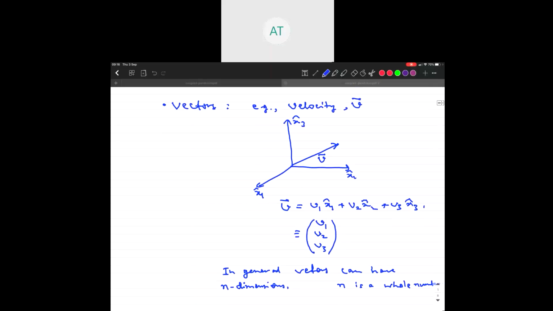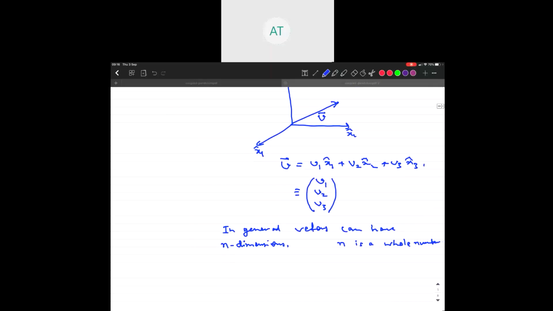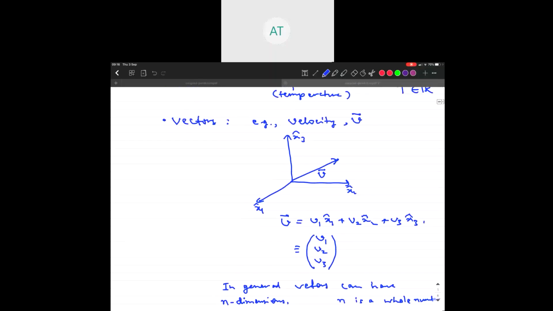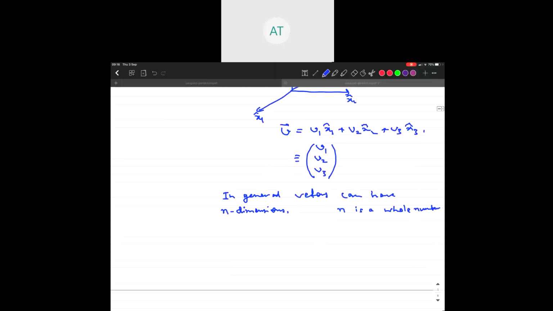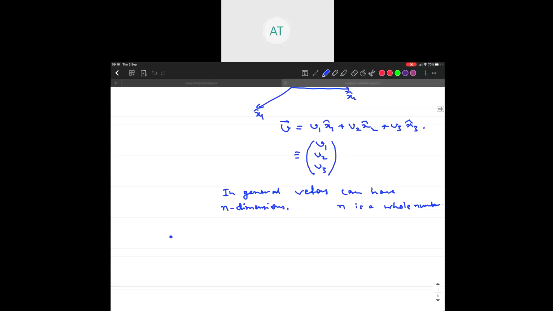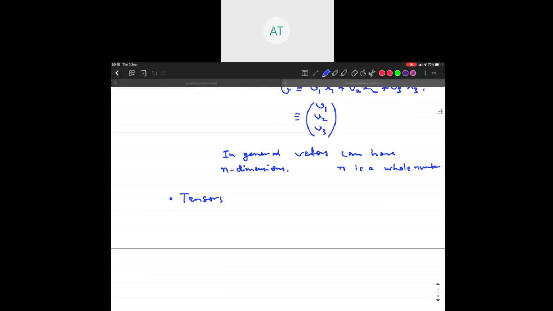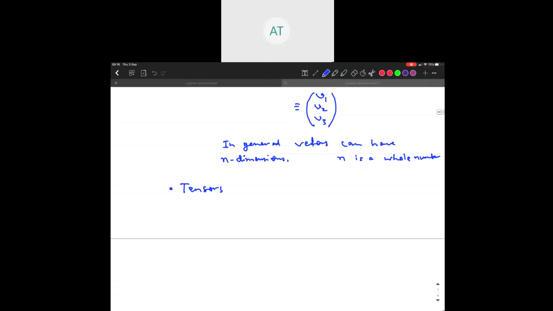In a similar manner, acceleration a could also be represented as a vector. On the other hand, we also come across quantities which are tensors in real life, which requires a little bit more motivation. Why do we require tensors in a physical scenario?